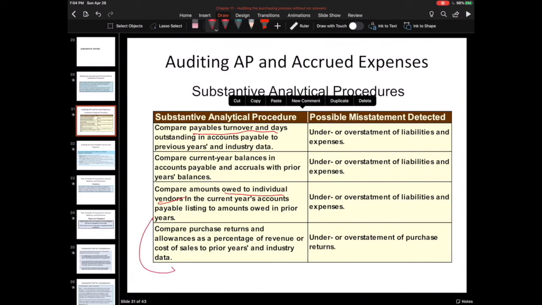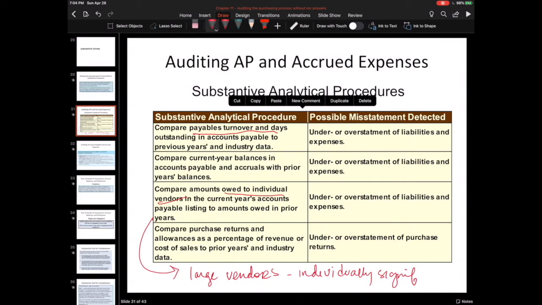So what you would typically do is look at very large vendors, so vendors that comprise a very large percentage of AP. So you could say they're individually significant or material, and if they were individually significant or material in prior year, you would expect they're also going to be present in current year.